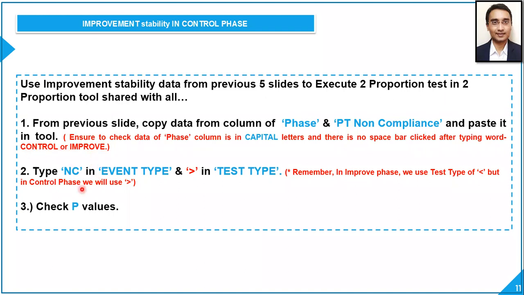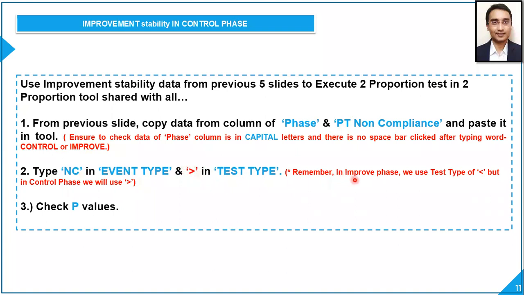Then instruction number 2: type NC in event type and choose this sign, which is the greater than sign, by checking the drop down given in test type. We need to choose the greater than sign and not the less than sign.